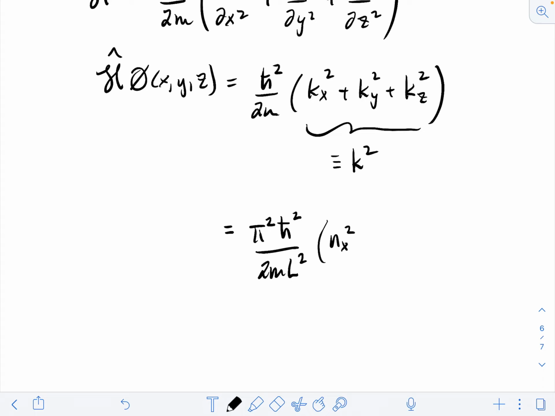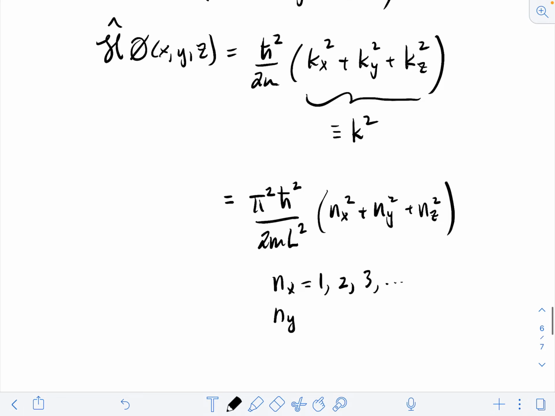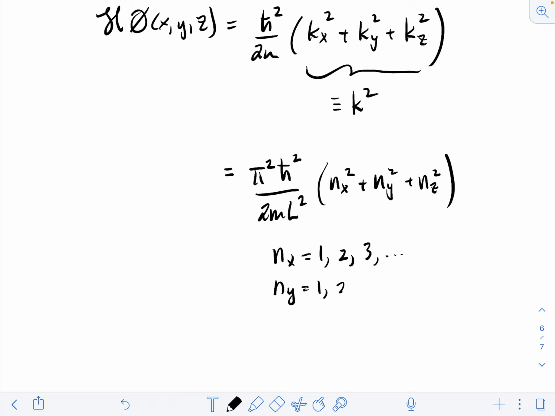In the 1D case, we just had n squared, but now in the 3D case, we also have ny and nz, where each of the three n values can take on any positive integer. Okay, good.